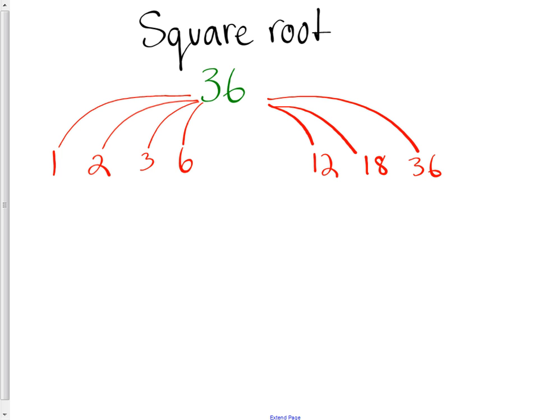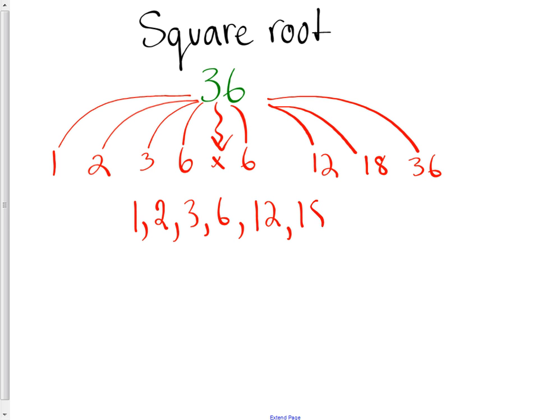And it's 6 times 6. So this is our final factor right here. So the factors for 36 are 1, 2, 3, 6, 12, 18, and 36.